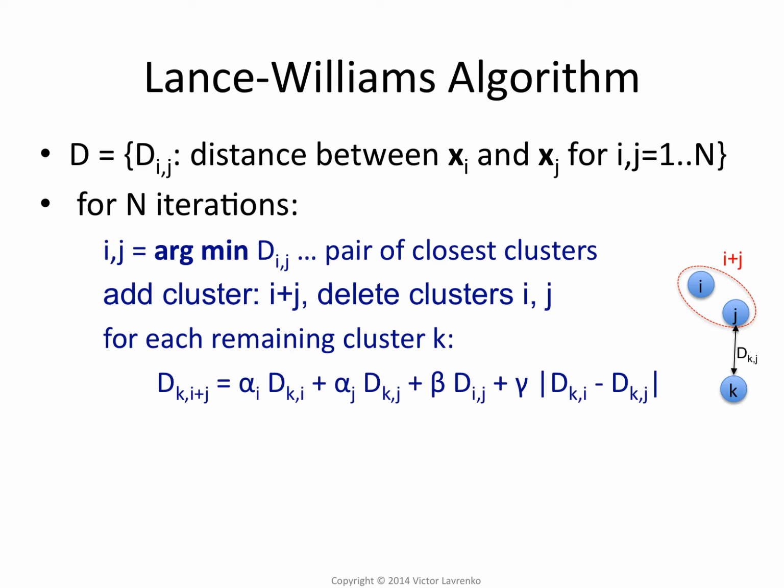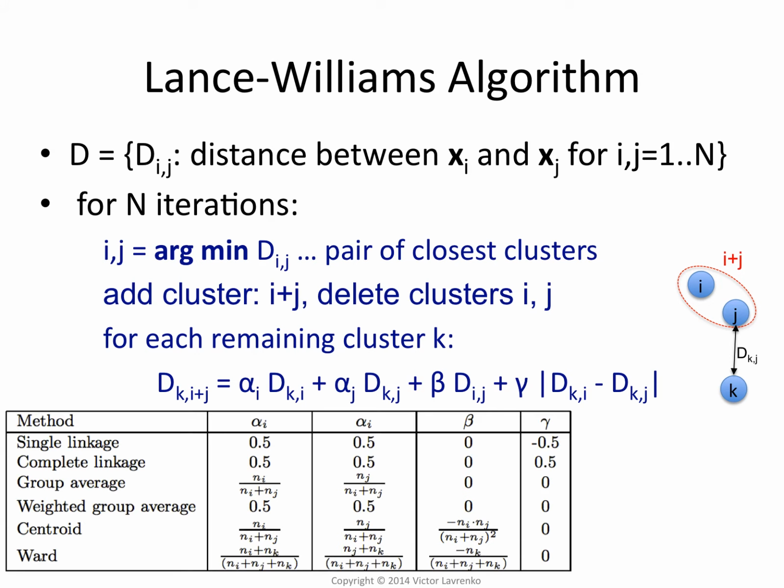This is a number, so I'm just taking the absolute difference between the two numbers. And what I have here is a bunch of constants, alpha i, alpha j, beta, and gamma. And it turns out that if you set those constants in different ways, this formula will reproduce different types of distance functions in the hierarchical clustering.